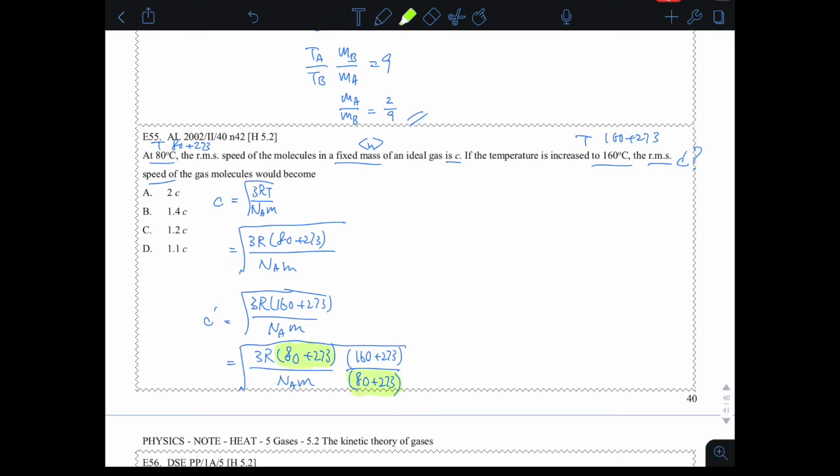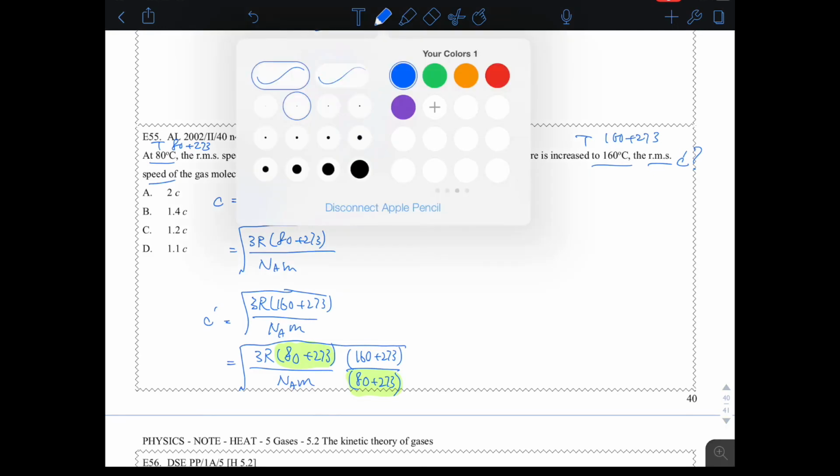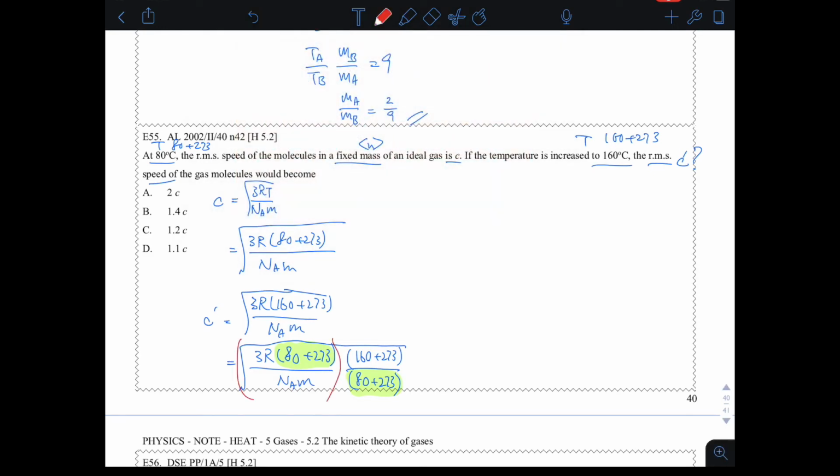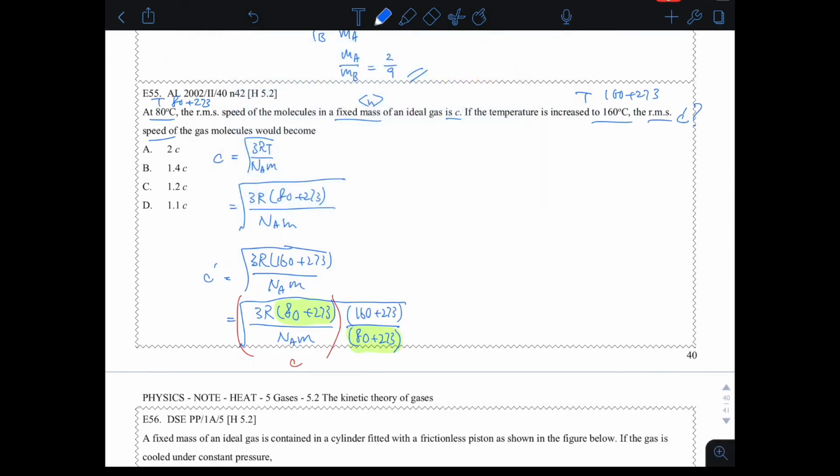Okay, we create this and this, so that the first stuff will be C. Okay, so we can try to press this stuff by calculator, then we will be able to get 1.1 C. Okay, which is the answer D.